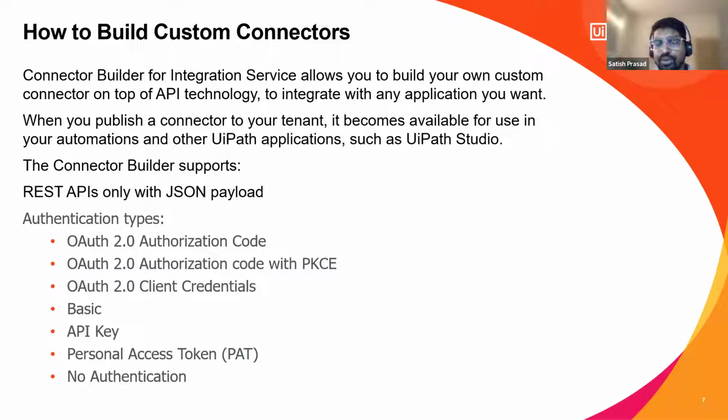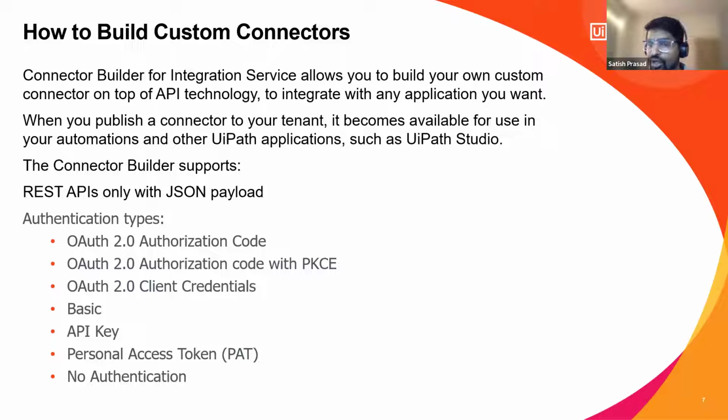But it supports most of the authentication types that are available in the market. So if your API has these kinds of authentication mechanisms, which basically cover all of what is available in the market, you should be able to build a custom connector. Whether it is OAuth 2.0 with auth code, or with client credentials, or basic, or API key, or PAT, or no authentication, you should be able to.